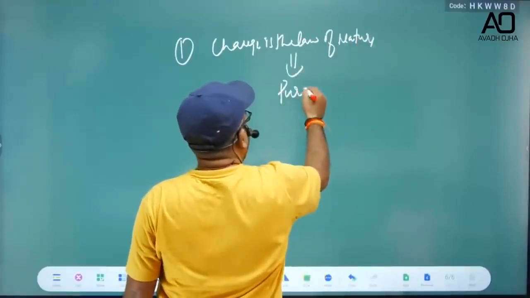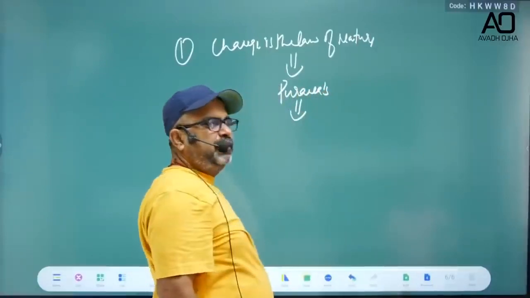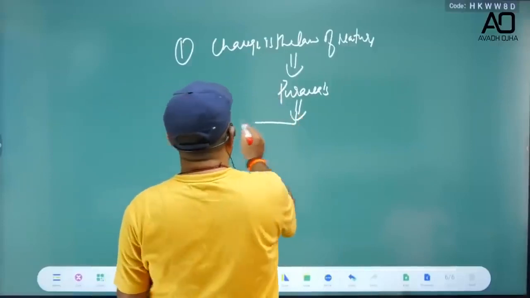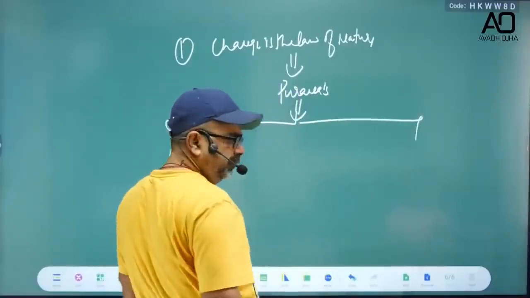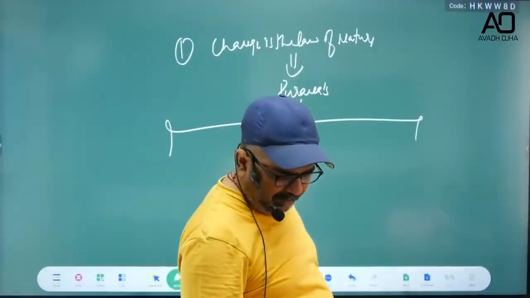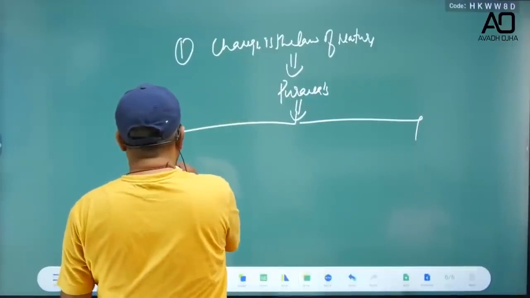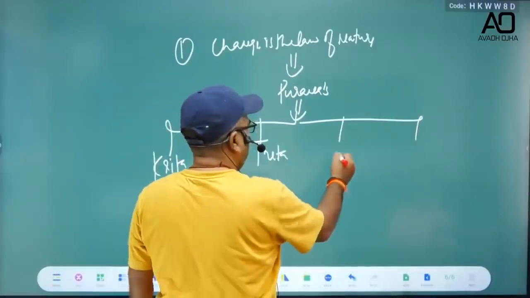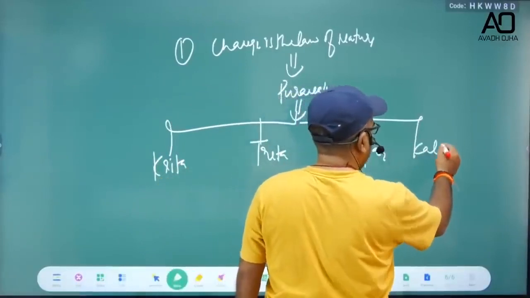If you see Puranas, they have the dynastic history of kings up to Guptas. And then they have divided the 4 important periods: Krita, Treta, Dwapar, and Kali.